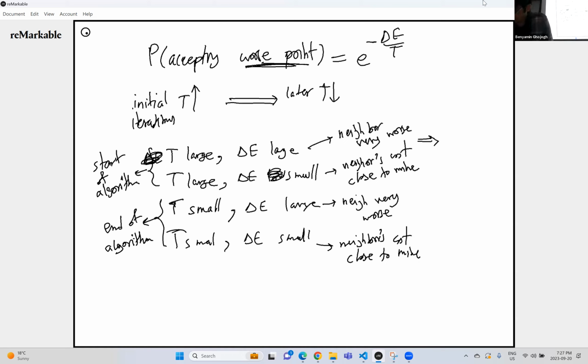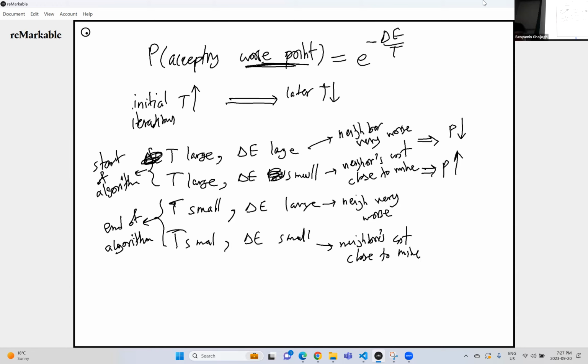When T is large, delta E is also large. What happens? When T is large and delta E is small, P is large, agreed? The first one, P is almost small.